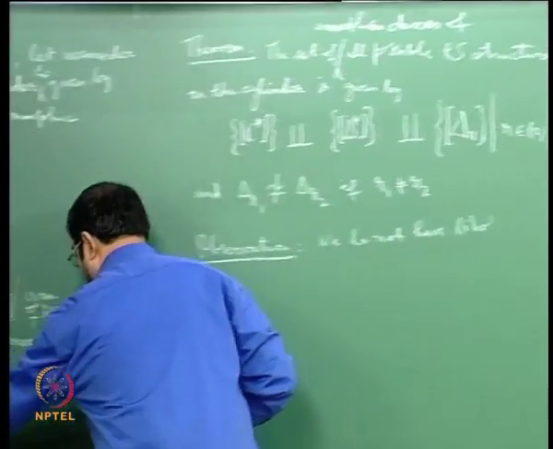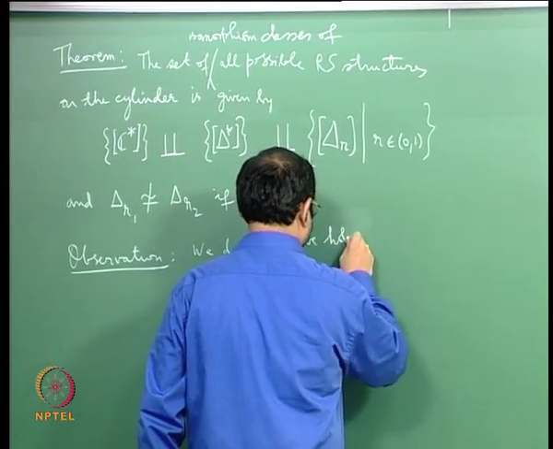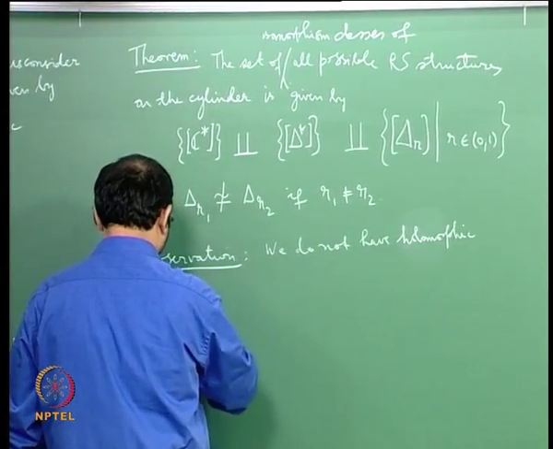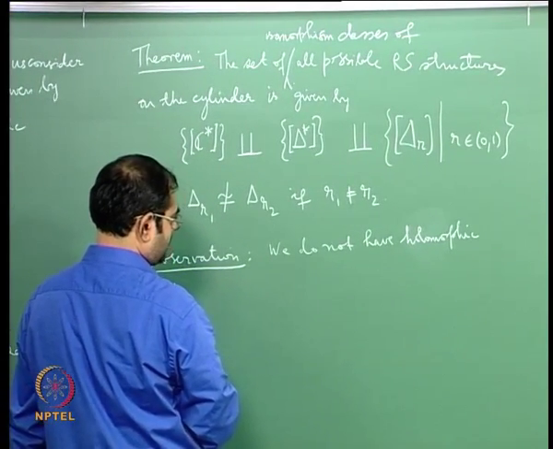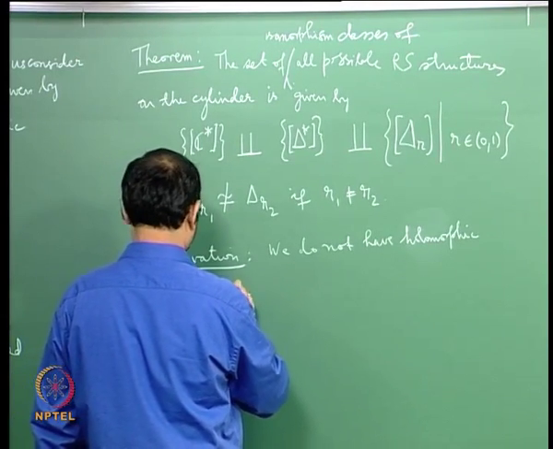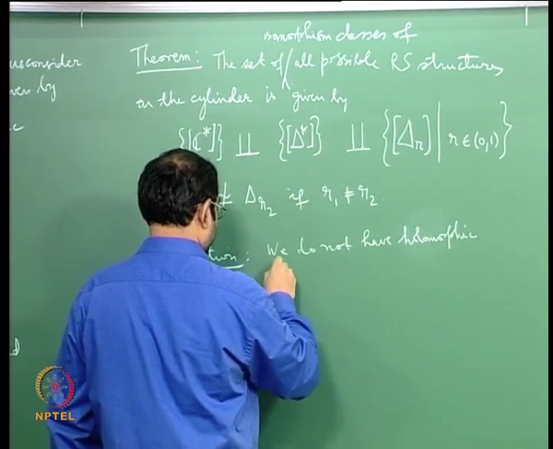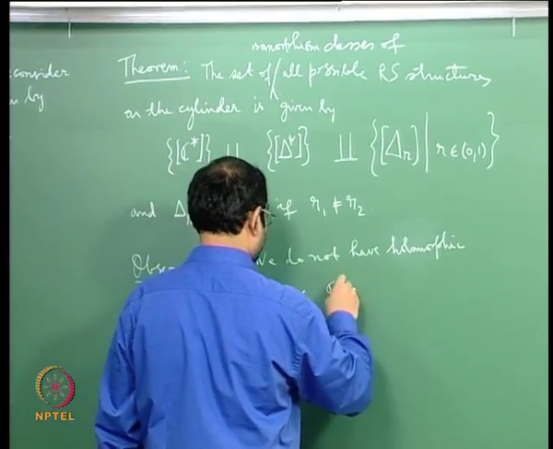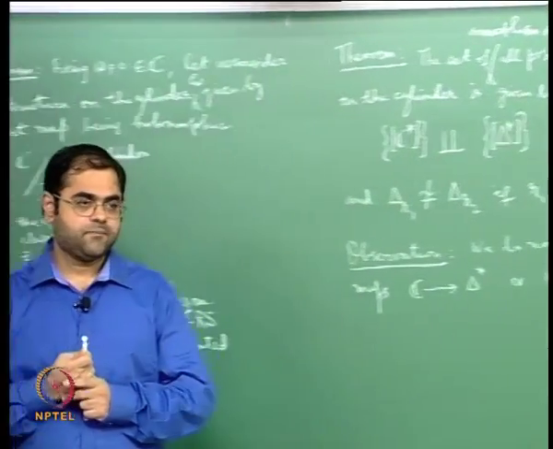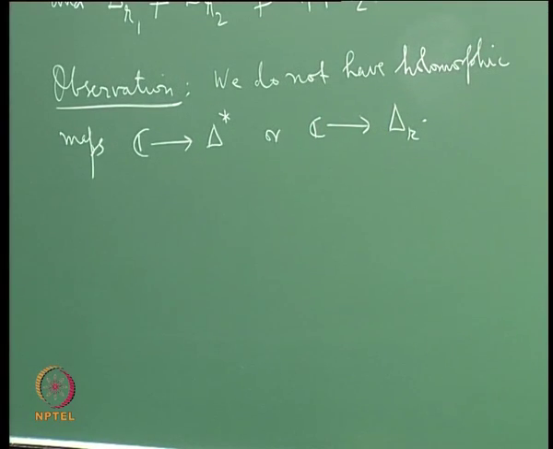I should not say even biholomorphic, we do not have even holomorphic maps from C to delta star or C to delta R. So this reiterates what I was trying to say.